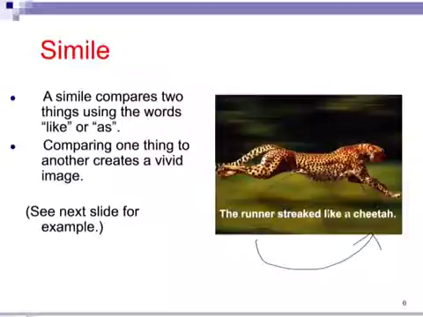And it's basically trying to say the runner runs extremely fast, as if it's a cheetah, since a cheetah runs really fast. So this is just a way to create better visuals and connections for the reader, and it sounds just a lot cooler whenever you're using similes instead of saying the runner ran really fast. Well, you could say the runner streaked like a cheetah.